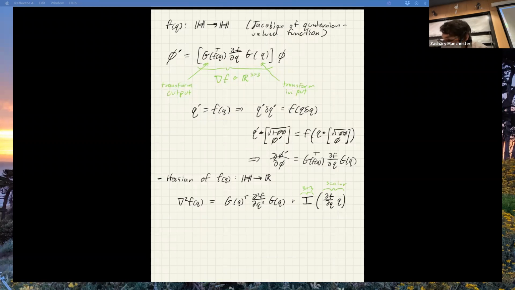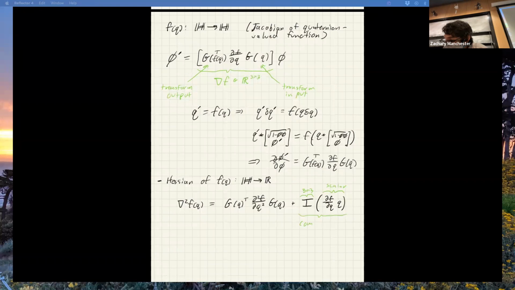And this whole thing comes from the derivative of G itself. Okay, and similar to our other story, basically the first term is like the Gauss-Newton term, and the second term is like the full Newton term. So if we're doing Gauss-Newton, you can throw out the second term, which we're going to see in a second.